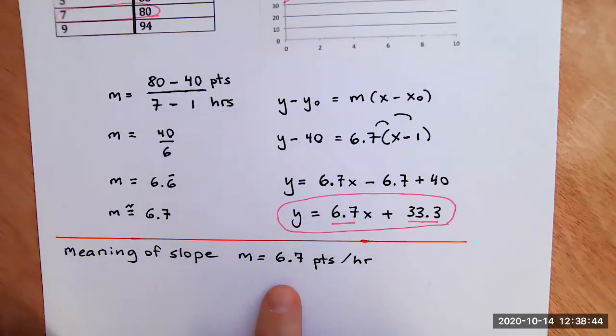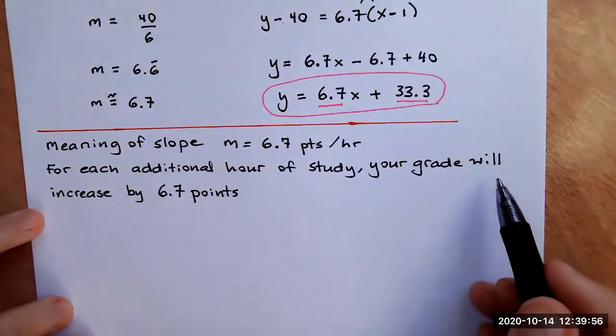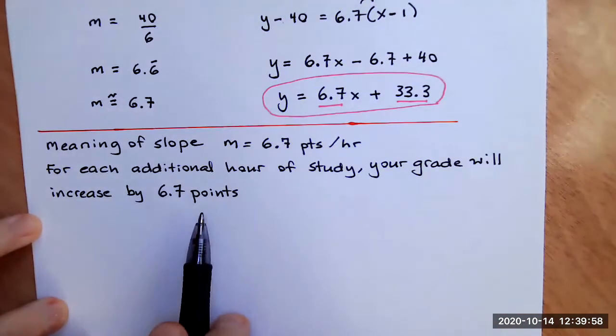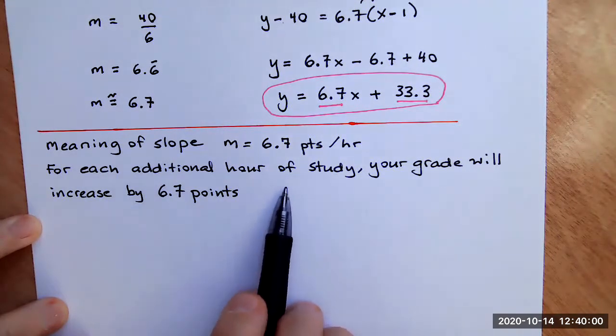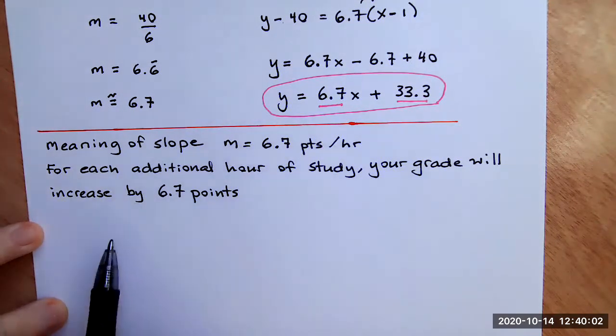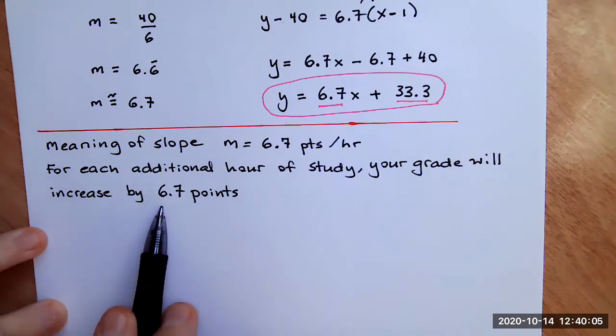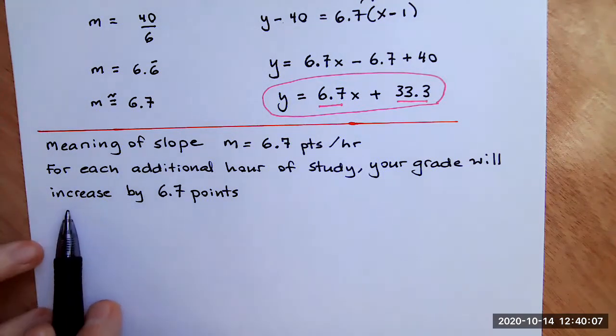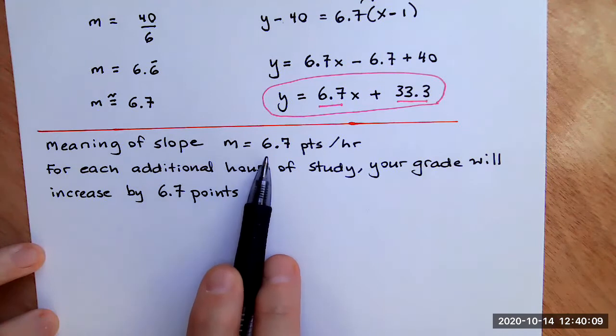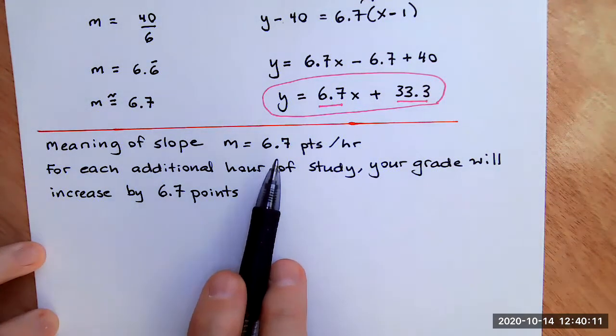It's a positive number. So this means for every additional hour you study, your grade will go up by 6.7 points. Let me write that down. So every hour of additional studying will give you an increase of 6.7 points. And that's an increase because my slope is positive.